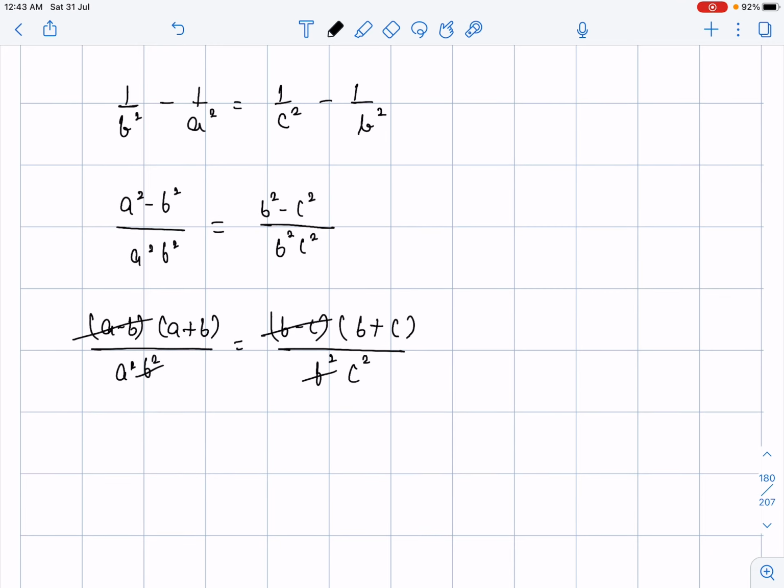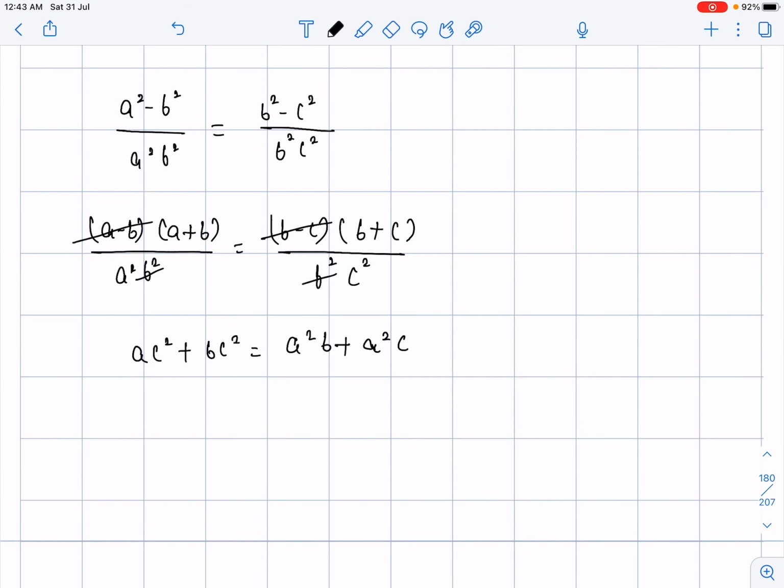So finally what will be remaining? ac square plus bc square will be equal to a square b plus a square c. Now proceeding further, we get ac square minus a square c is equal to a square b minus bc square.